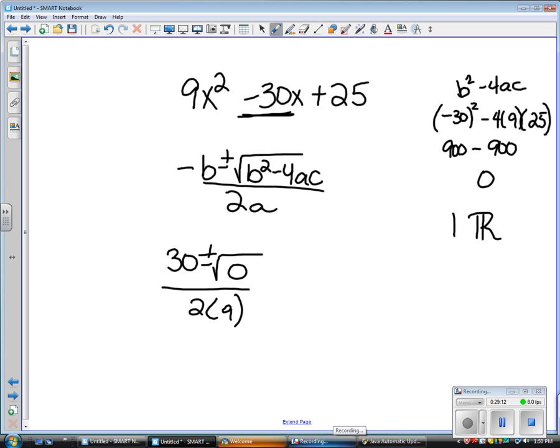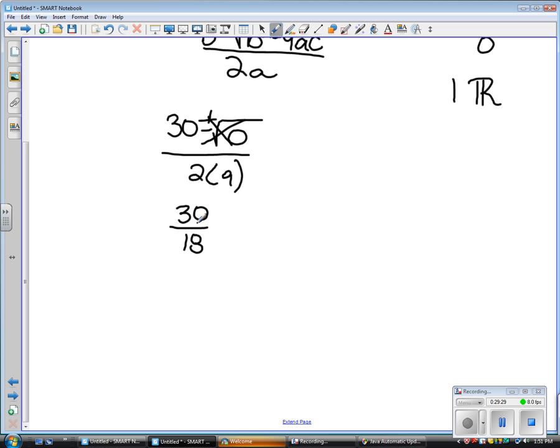It's a 9. It doesn't look like it though. It looks like an A with a long tail, but it's really a 9. So what's the square root of 0? 0. And if I add or subtract 0 to anything, does it change anything? No. So this basically vanishes, and I get 30 over 18, which is 15 over 9.